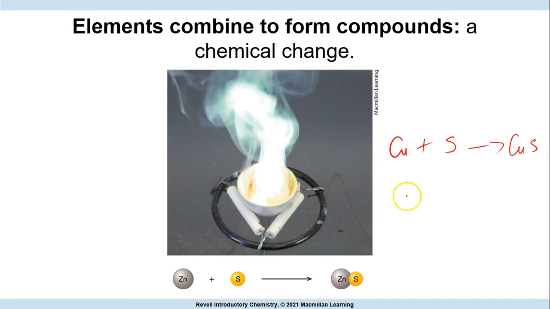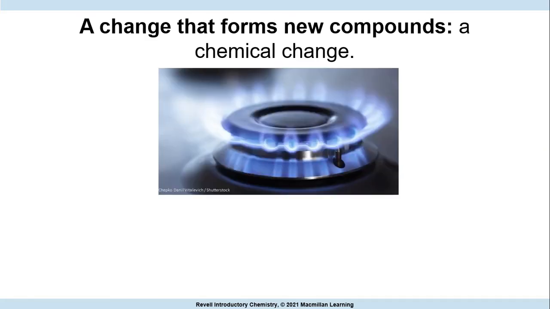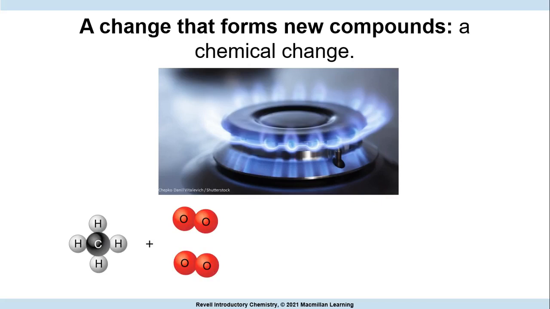As well, if you take zinc plus sulfur, that's going to give you zinc sulfide. So a new substance is formed. That is a chemical change. Now, a change that forms new compounds is a chemical change. For example, here, we have methane here.